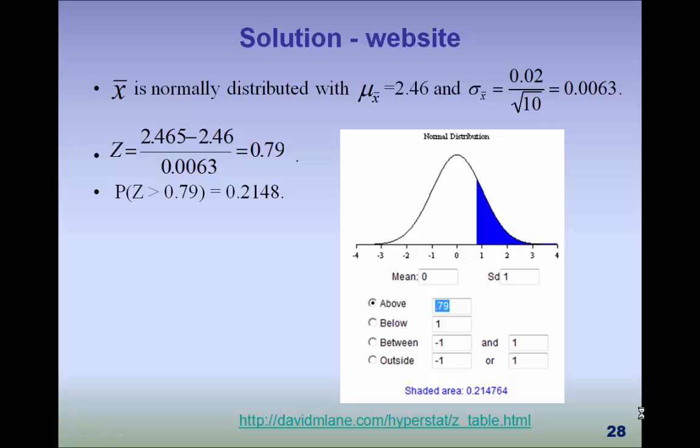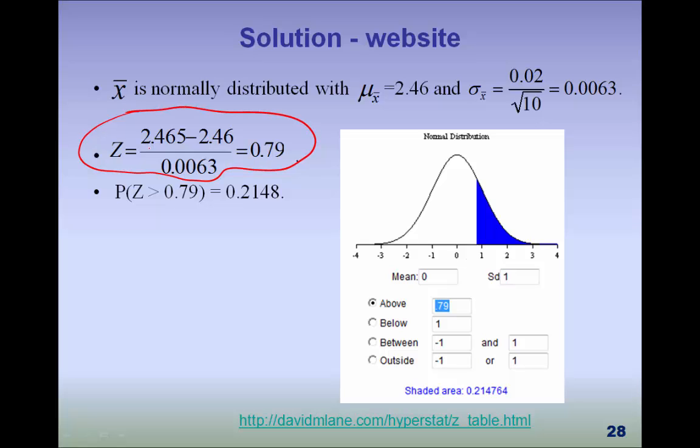So the sample mean is normally distributed with a mean the same as the population mean, so that's 2.46, and then we calculate the standard deviation by using the population standard deviation divided by the square root of 10 to get 0.0063. And we need that in our z-score formula, which you will recall.